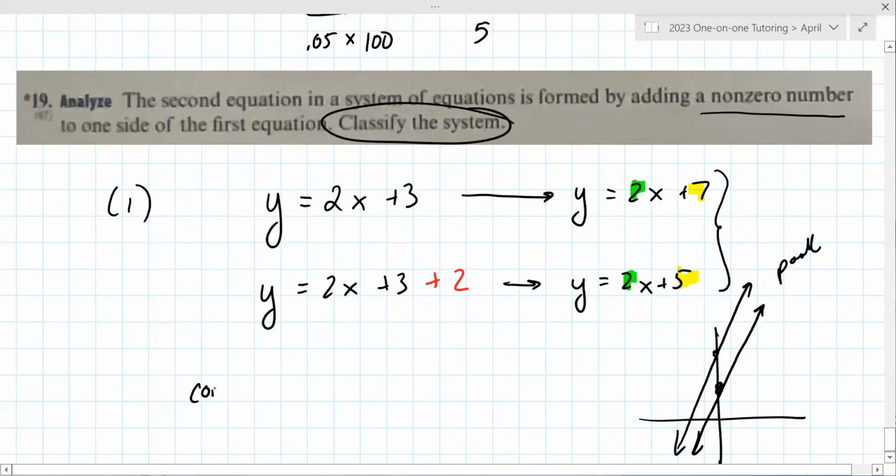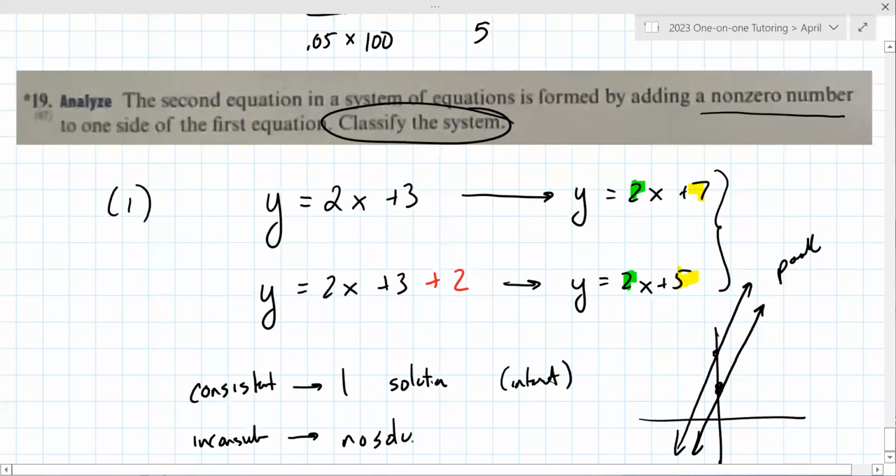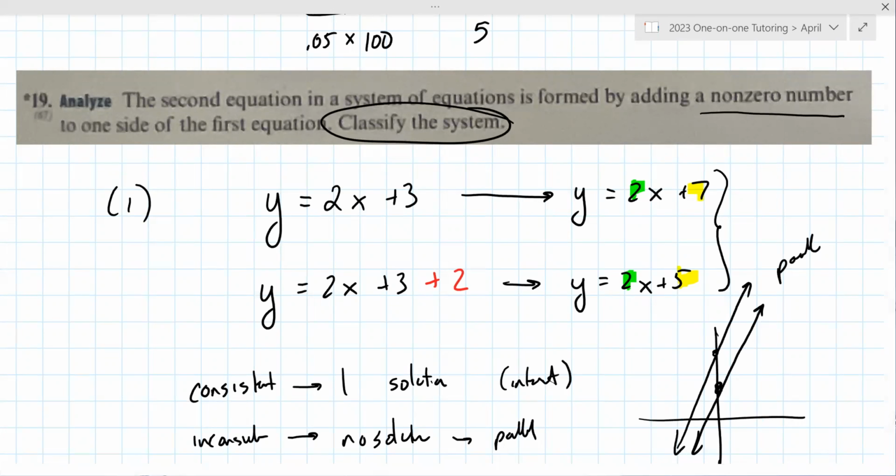Okay, so quick review on that. Consistent is when there is one solution, when they intersect. Inconsistent is when there is no solution, which is the case when they are parallel. So yeah, inconsistent.